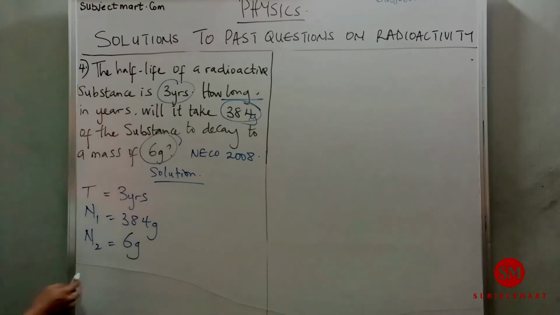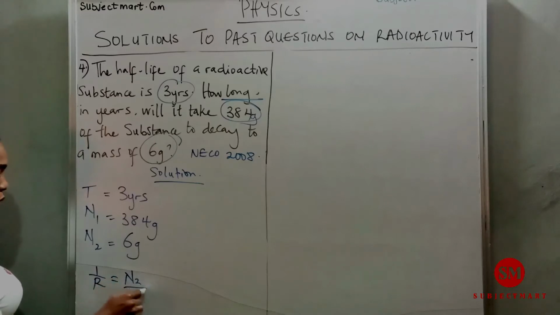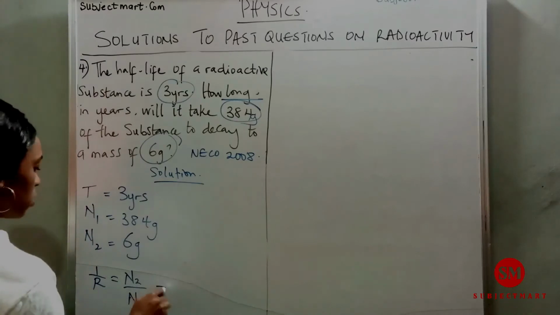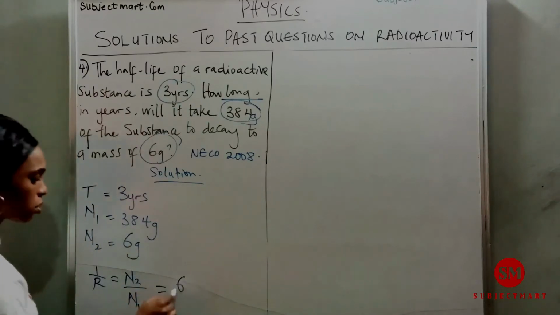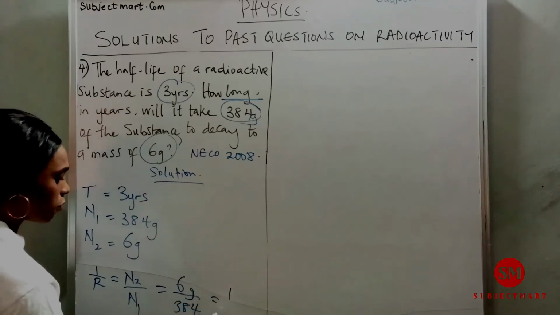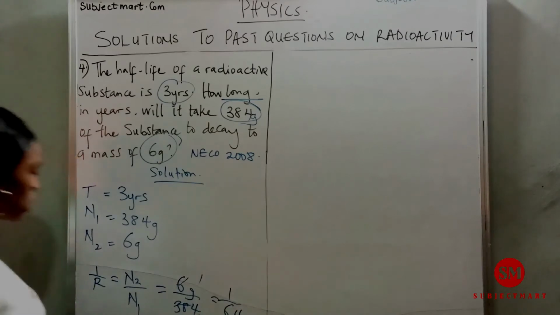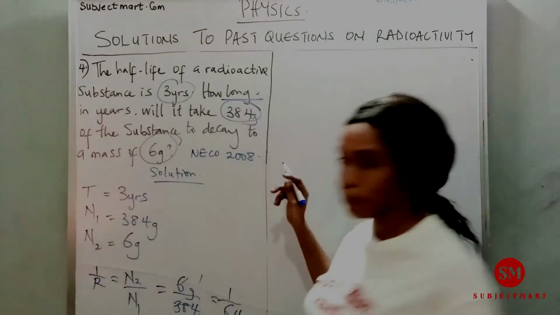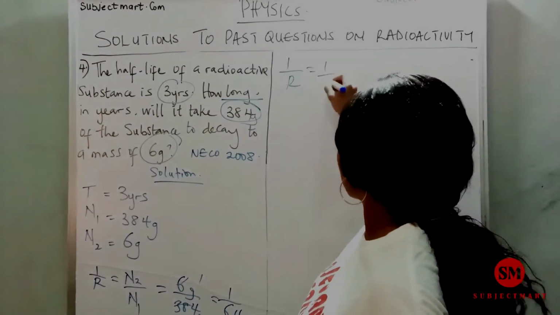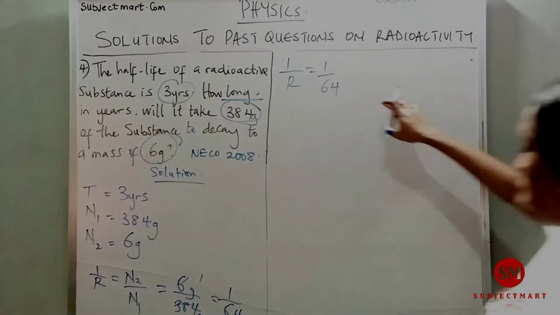So you recall that 1 over R is equal to N2 over N1. So from there, our N2 is 6, N1 is 384, and that will give us 1 over 64. So we have 1 over R is equal to 1 over 64.